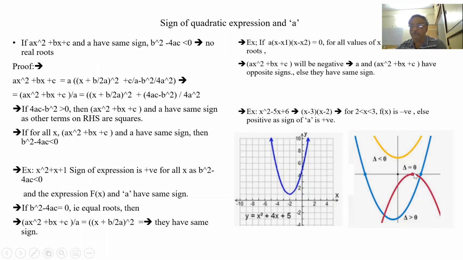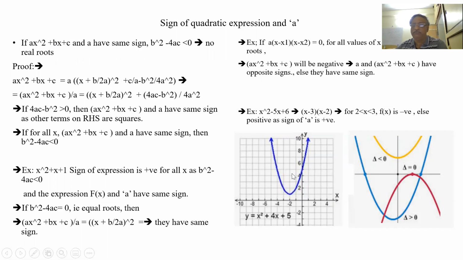Here of course you have one root, if b square minus 4ac is 0. But if it is slightly down, there is no root, then the expression is negative and a is also negative. That means both have the same sign if b square minus 4ac is less than 0.